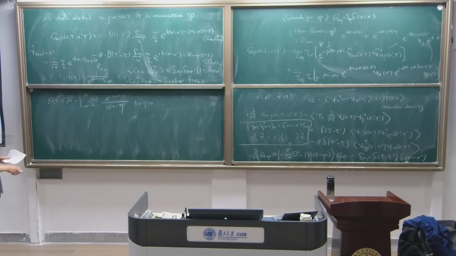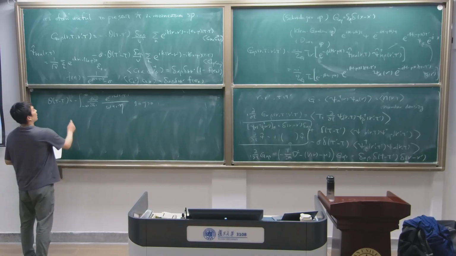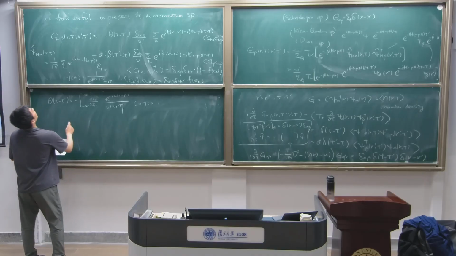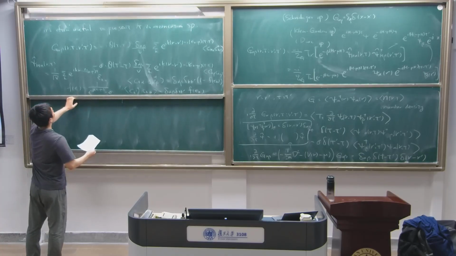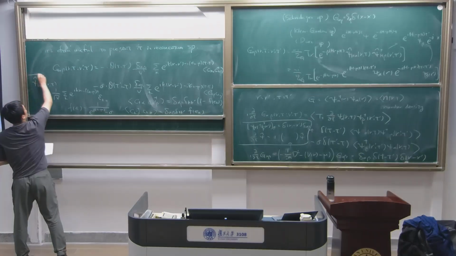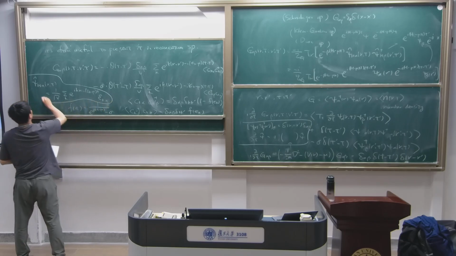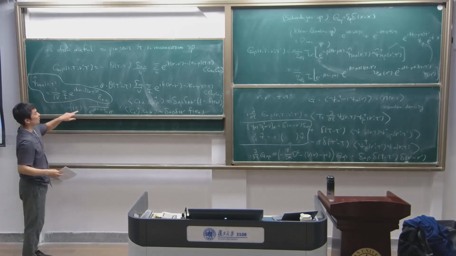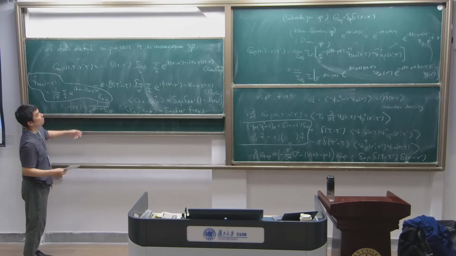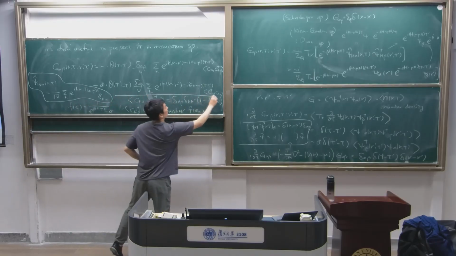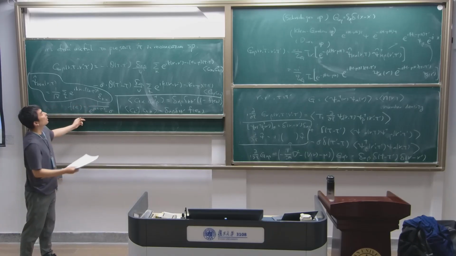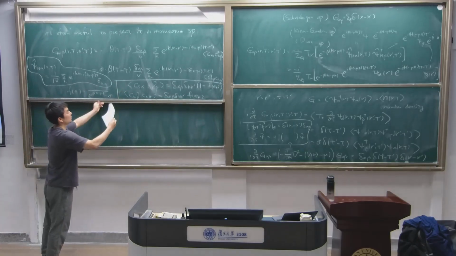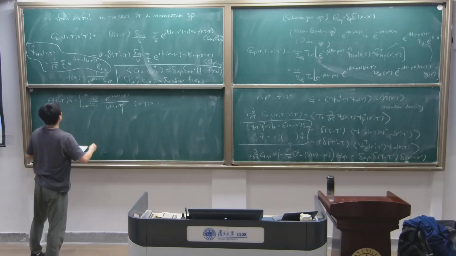So this is the form of the function, and plug that in here. I use this one for the mode expansion, and this is the Fermi distribution. Plug everything into here. What you get is as follows.